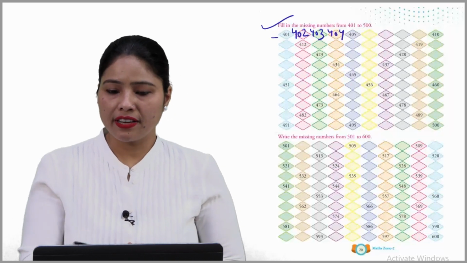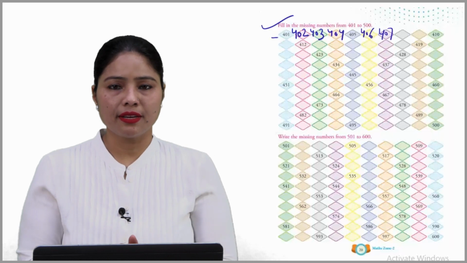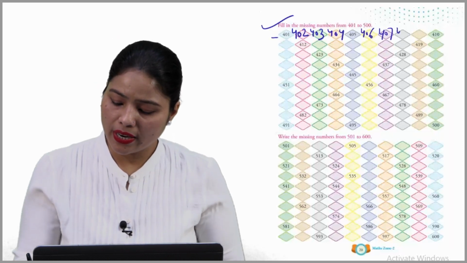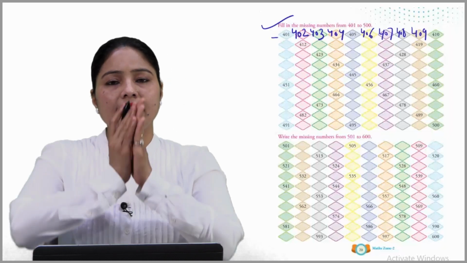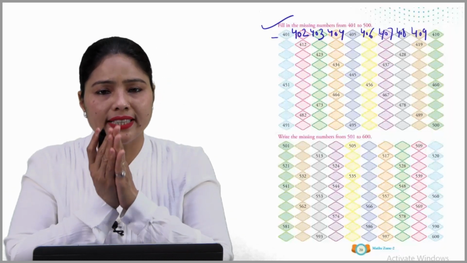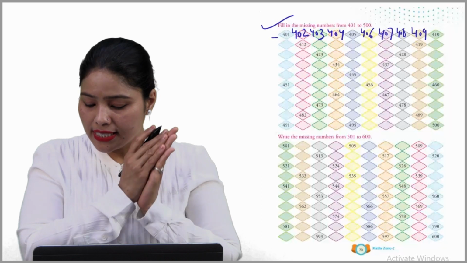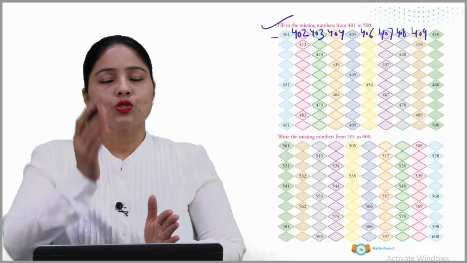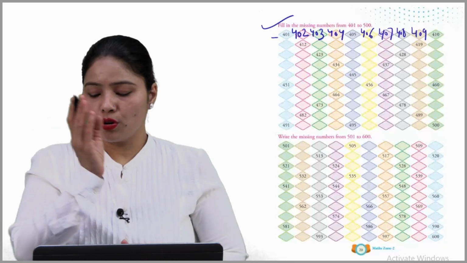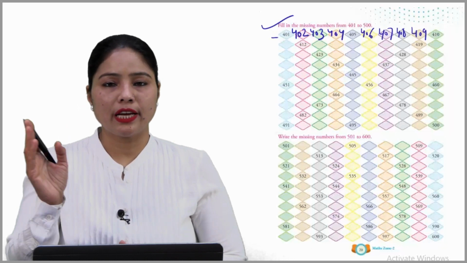Then 405, then 406 आता है. After this, 407 comes. Then 408, then 409, then उसके बाद 410. So this is very simple counting. So rest filling the blanks or missing numbers, you have to fill it by your own.